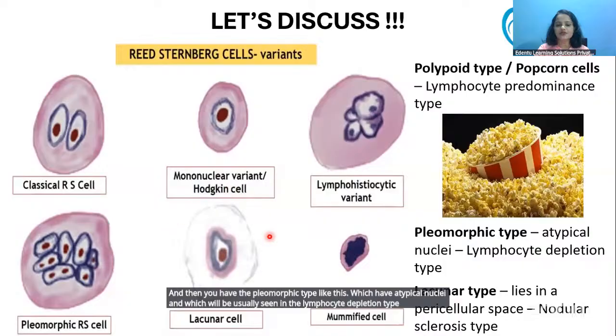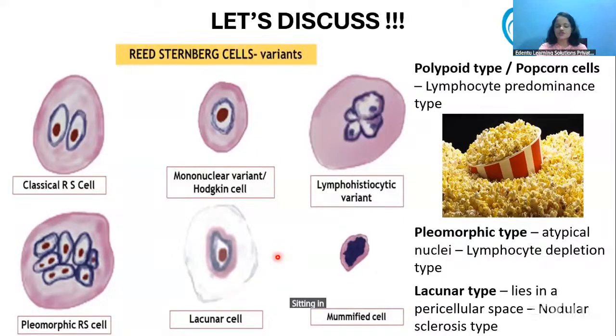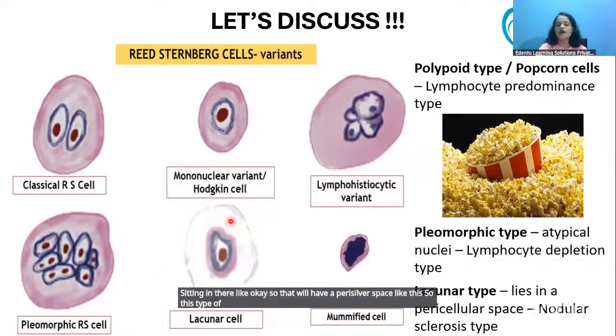And you have the lacunar RS cell, which appears as if the cell is sitting in a lacuna, with a pericellular space like this. This type is usually seen in the nodular sclerosis type. So you should know the variants of Reed-Sternberg cells and where they are seen.